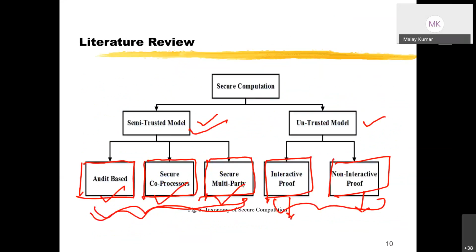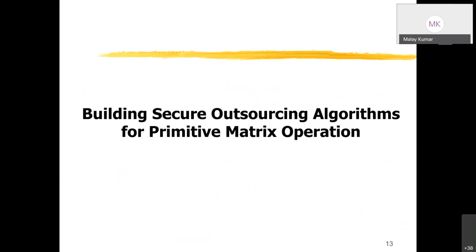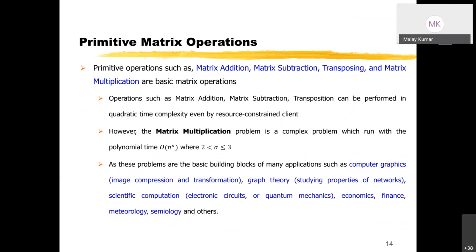A very basic or primitive algorithm is what we are going to discuss in the outsourcing paradigm. As you know, most of the data items or data sets can be presented in matrix form, and most scientific and engineering computation is performed in the form of matrix operations.